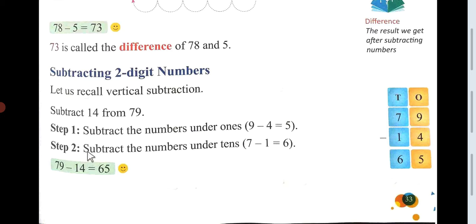Step 2, subtract the numbers under tens. You can see here 7 minus 1 is 6. So 79 minus 14 is 65. 9 minus 4 is 5 and 7 minus 1 is 6.